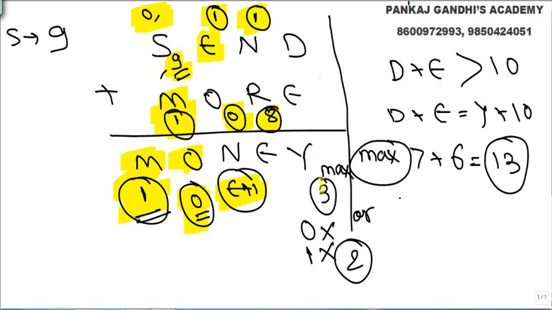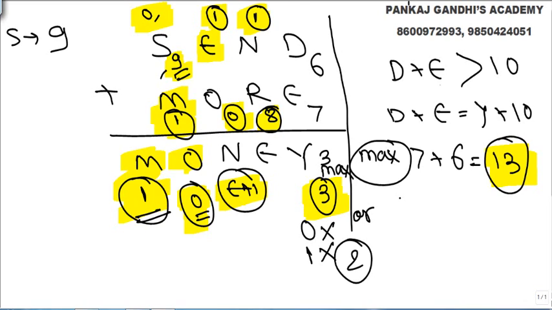Now let's try it's 3. We are trying Y equal to 3. If we get this, the only way is 7 and 6. So let's take it fully. If E is 7 and D is 6, 7 and 6 is 13, we get 3, carry 1.